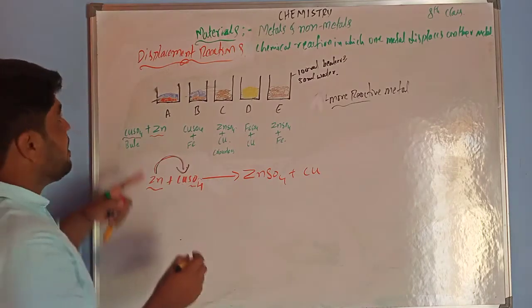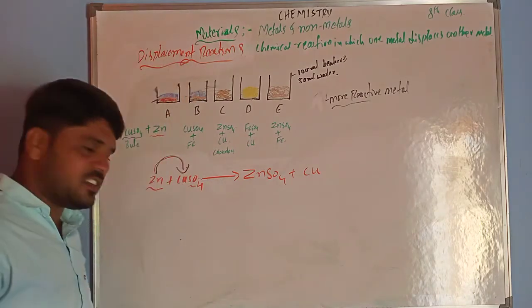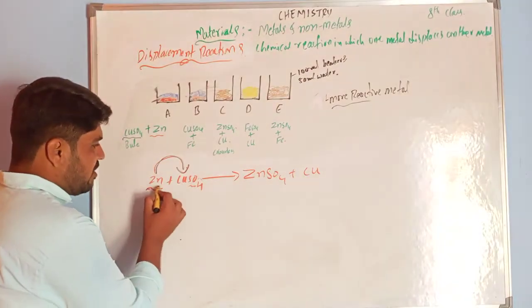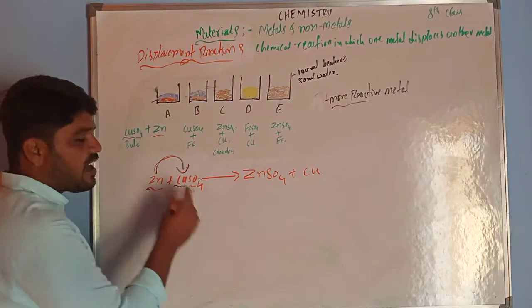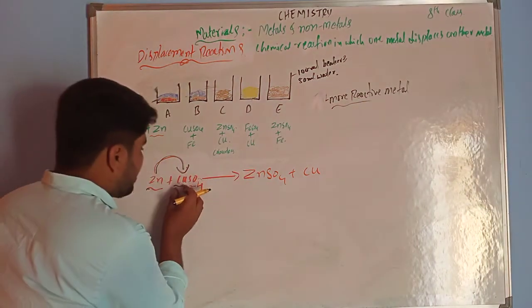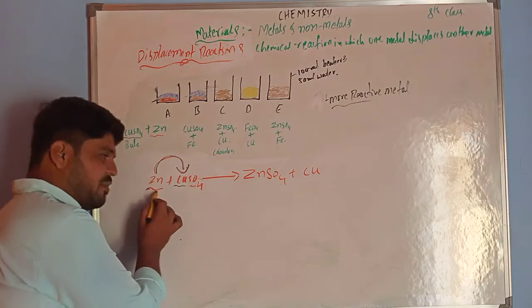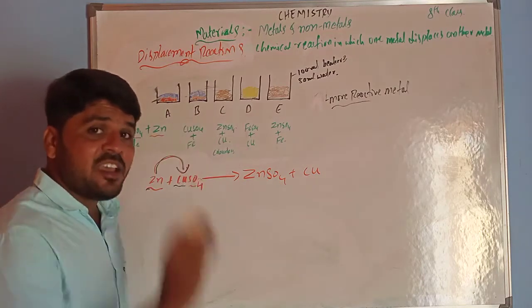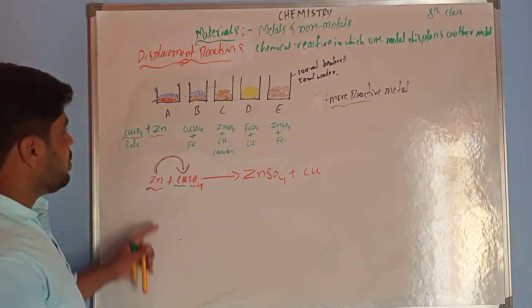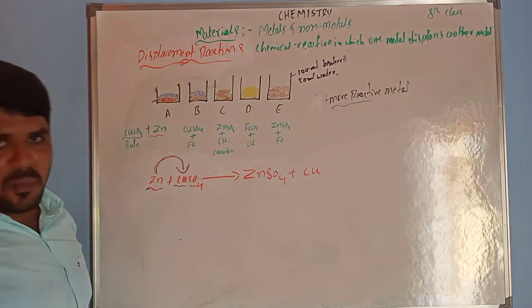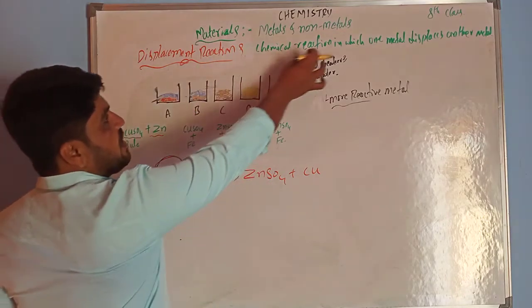That is what displacement reaction is. Zinc displaces or replaces the copper. Here zinc is a metal and copper is also a metal. So a displacement reaction is a chemical reaction in which one metal displaces another metal. This is what we call a displacement reaction. Can you tell now what is meant by a displacement reaction?